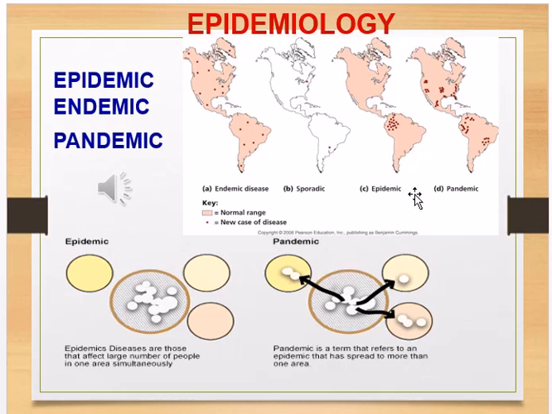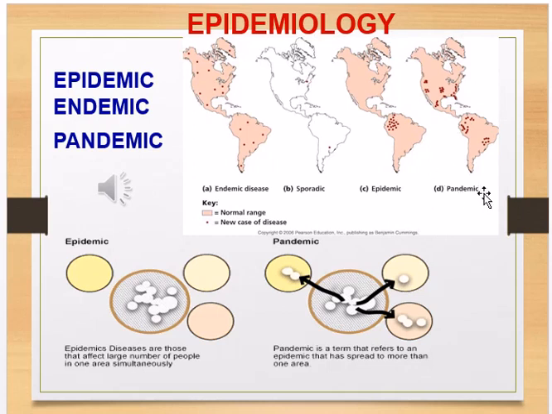Epidemic is the spread of disease within a smaller community, more rapidly, with a large number of the population within a certain community only.